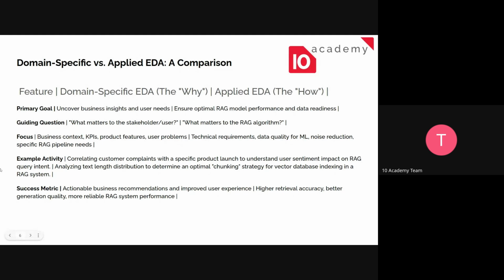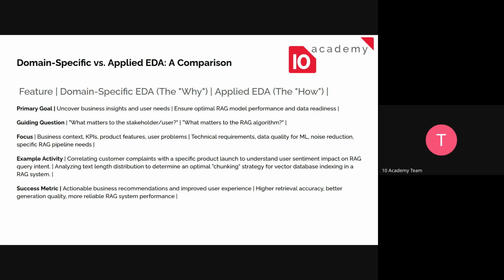So the comparison: the primary goal is to uncover business insight and user needs, and ensure optimal RAG model performance and data readiness. The guiding questions could be: what matters to the stakeholders or the users, and what matters to the RAG algorithm? Our focus will be business context, KPIs, product features, user problems, technical requirements, data quality, noise reduction, and specific RAG pipeline needs.